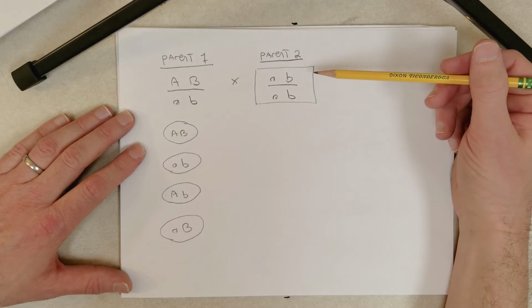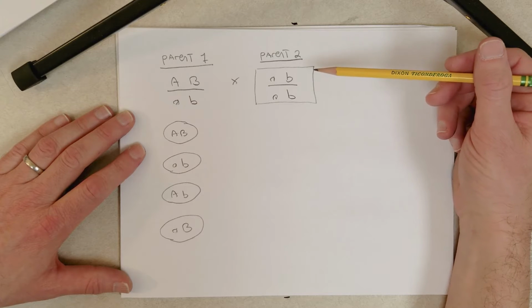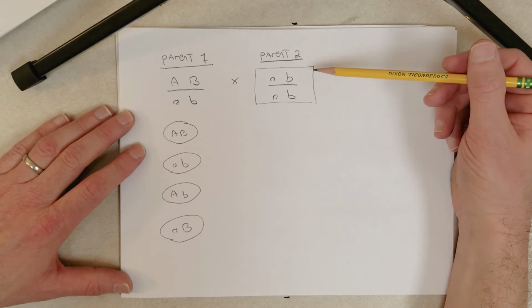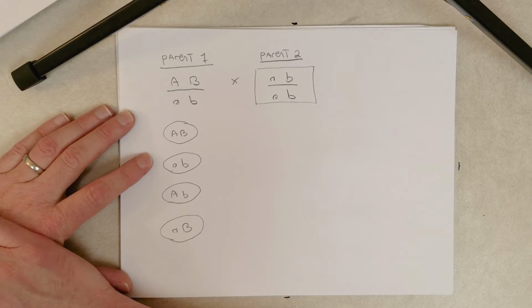And so what we need to do is choose a genotype that allows us to connect each parent 1 gamete genotype, so each of these, with a unique offspring phenotype.